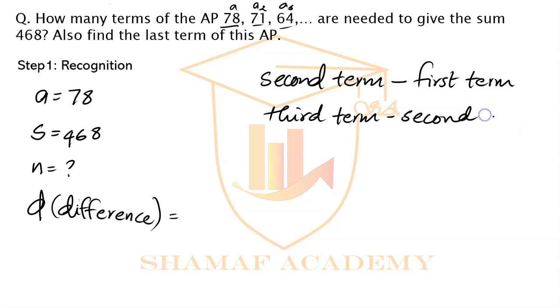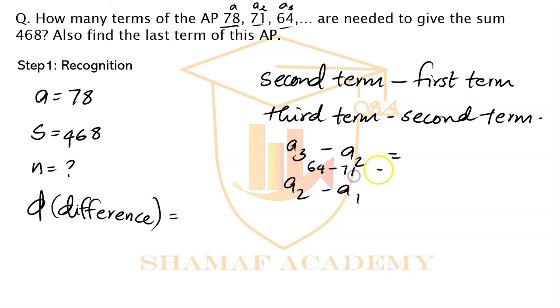Basically, we take the latter term and subtract the one before it to find the difference. Over here, I can do A3 minus A2, and I can also do A2 minus A1. What is A3 here? A3 is 64. And what is our A2? 71. That gives us -7.